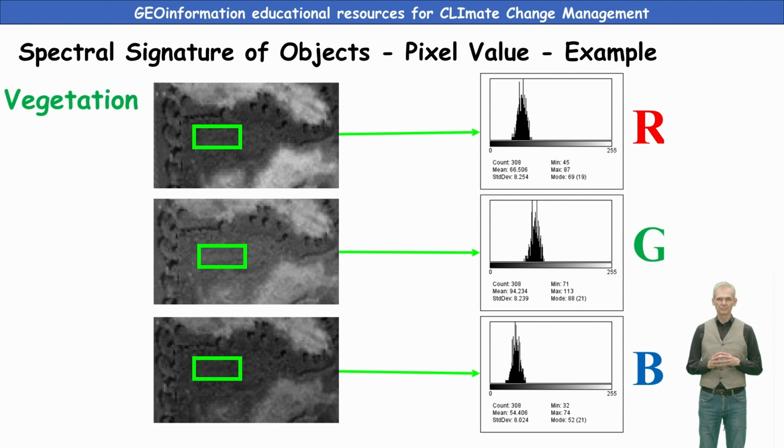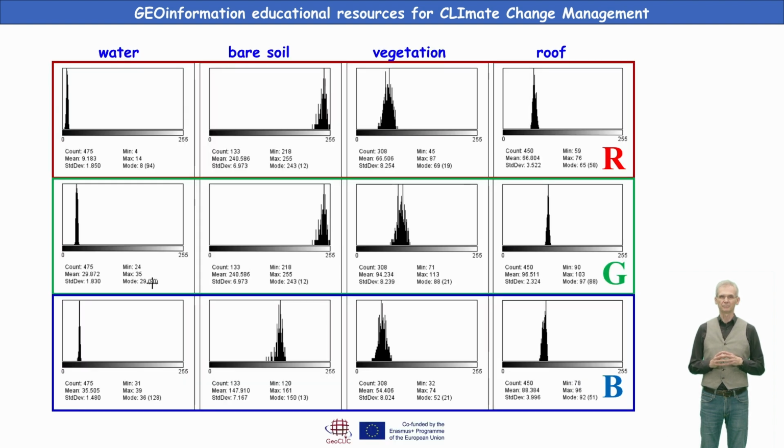In the same way, a water sample is selected, and spectral response or signature is obtained. The spectral signatures are also different for each of the three channels, and water is also a very homogeneous object because the range of pixels within the set is small. The standard deviation is much smaller than that for the roof.